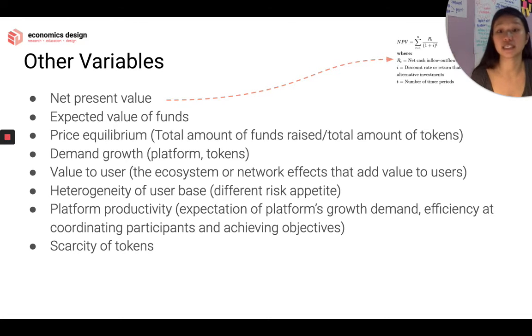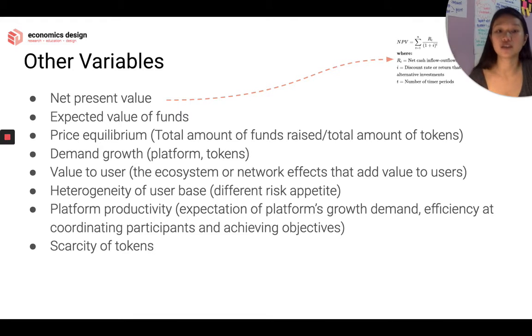You can look at the demand growth, and we're going to look at demand growth in two ways. The first one is the platform growth. So your ecosystem continues to grow, people come in, the kind of services you provide is more, or the demand of tokens grows. So more people in general are demanding a token, maybe to use your token or to trade your token.